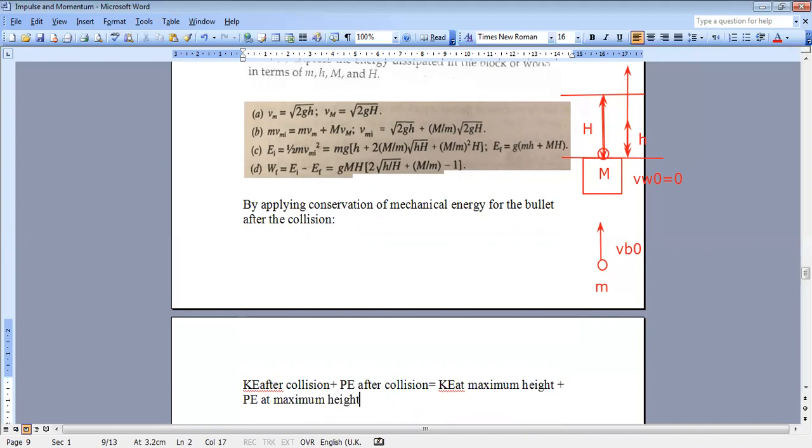If I take the reference here, mgh is zero. At the maximum height, the potential energy is mgh. Do you hear me?